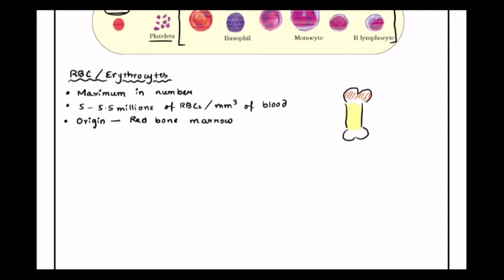And we are concerned with the red bone marrow, which gives rise to the RBCs. So the ends are the red bone marrow, and in the middle is the yellow bone marrow. Right. So they are formed from the red bone marrow in adults.